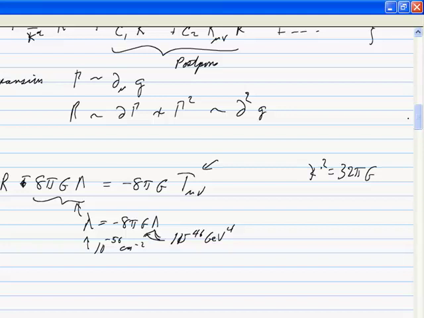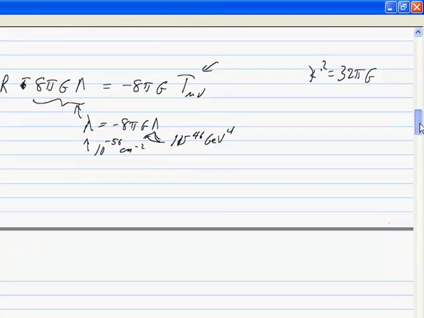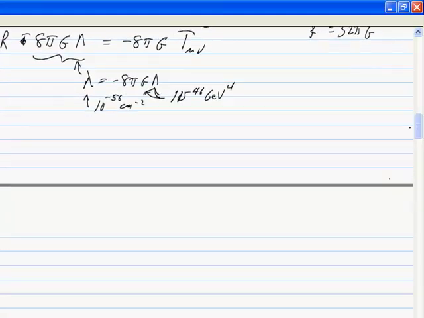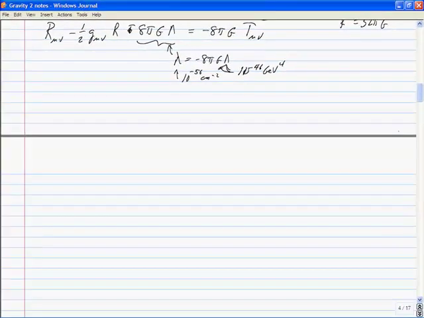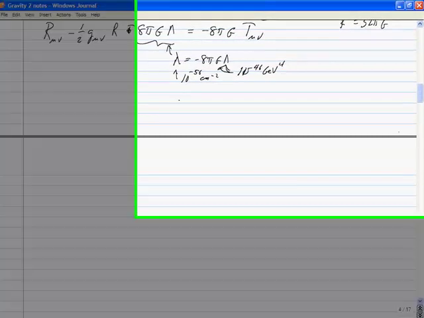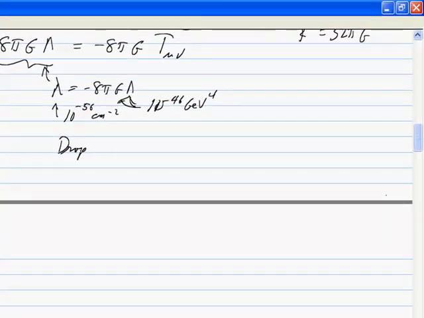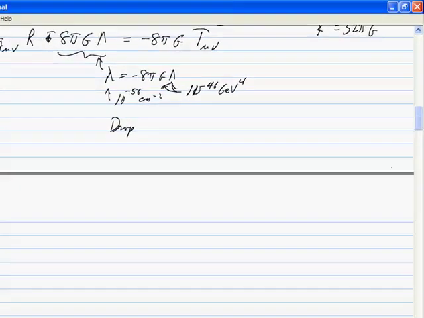Okay, so let's drop that for the moment, and we can of course come back to it if you want. Then let's look at the curvature piece.